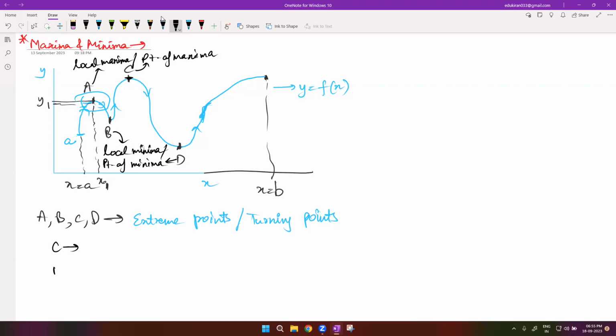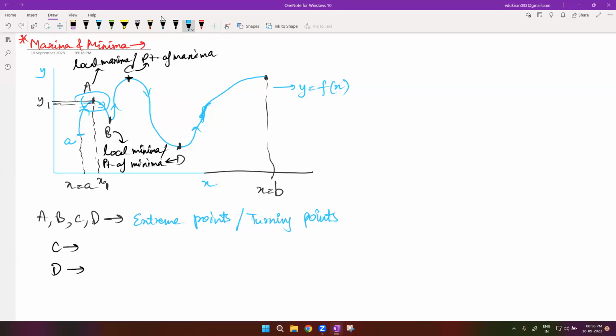I'm particularly talking about point C and point D. You can consider A, B, C, D as local extremes. Everything which is done in its neighborhood can be termed local minima or local maxima.